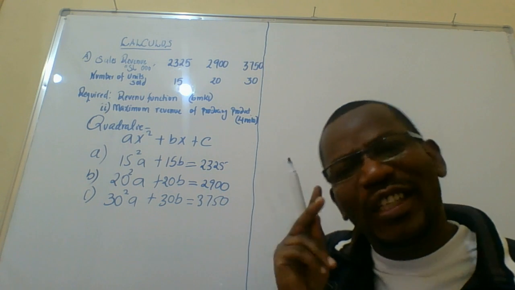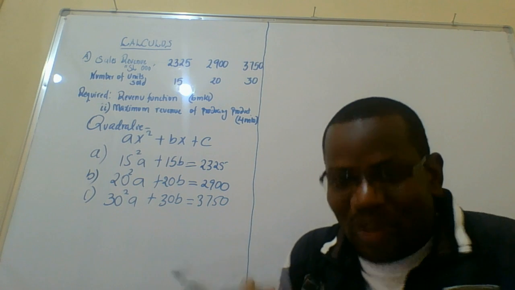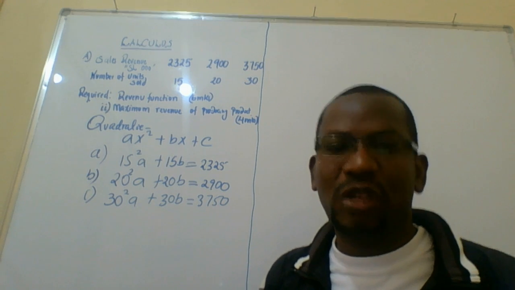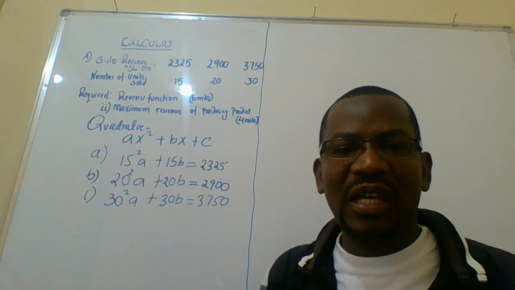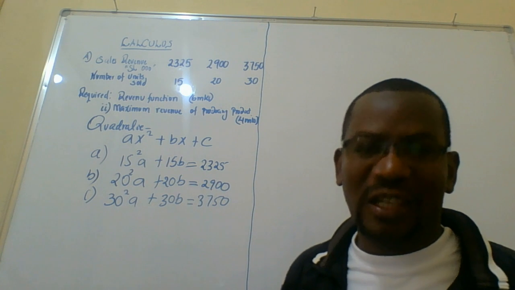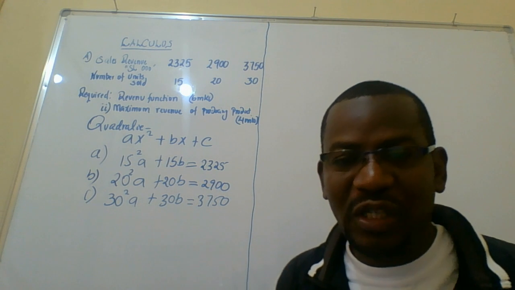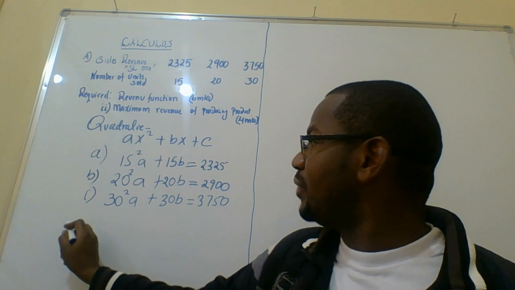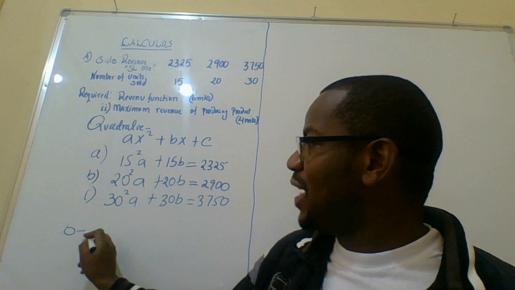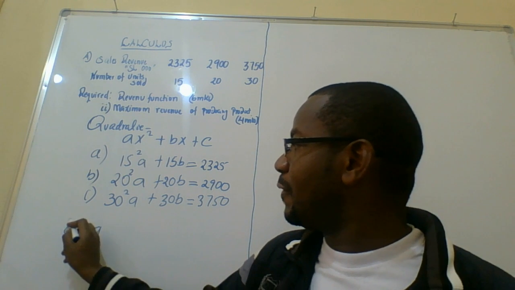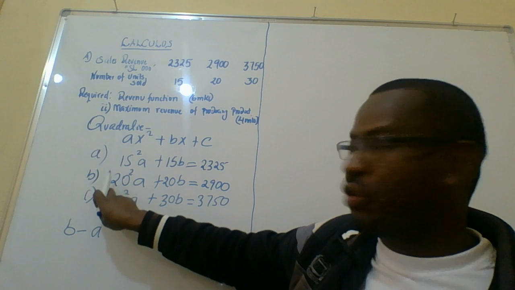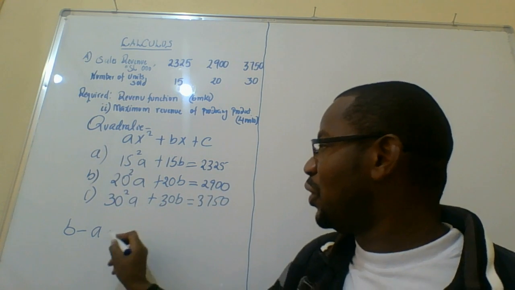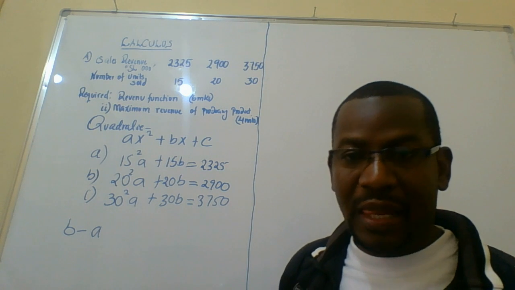But what I need is only two equations. So I need to come up with a simultaneous equation, so that I can solve for A and B and substitute them in our quadratic equation. Therefore, what am I going to do? I'm going to have B minus A. This equation, I will subtract this equation so that I can come up with the first equation.